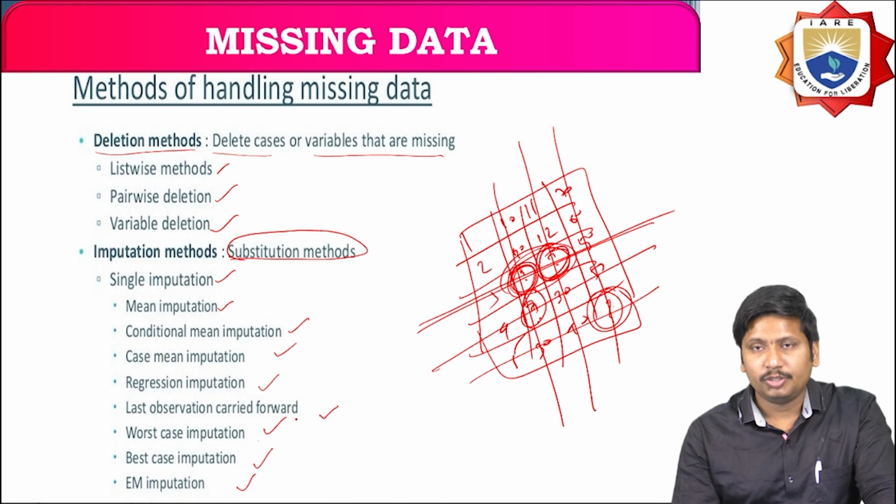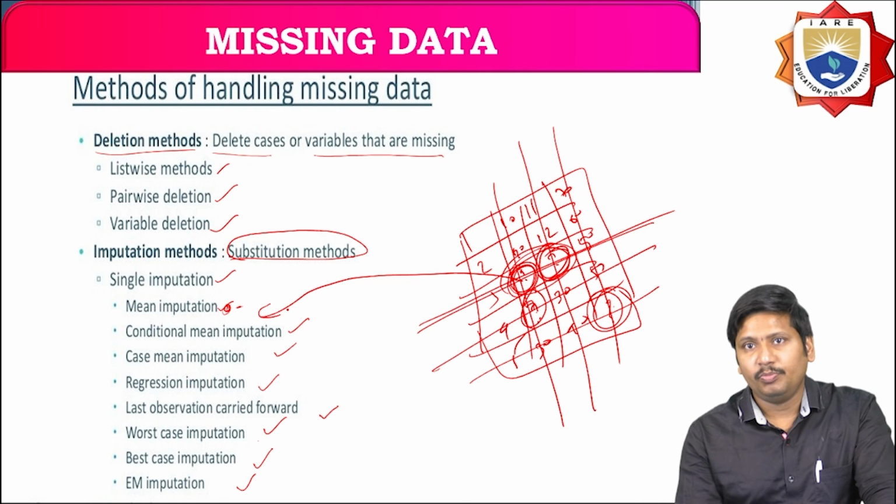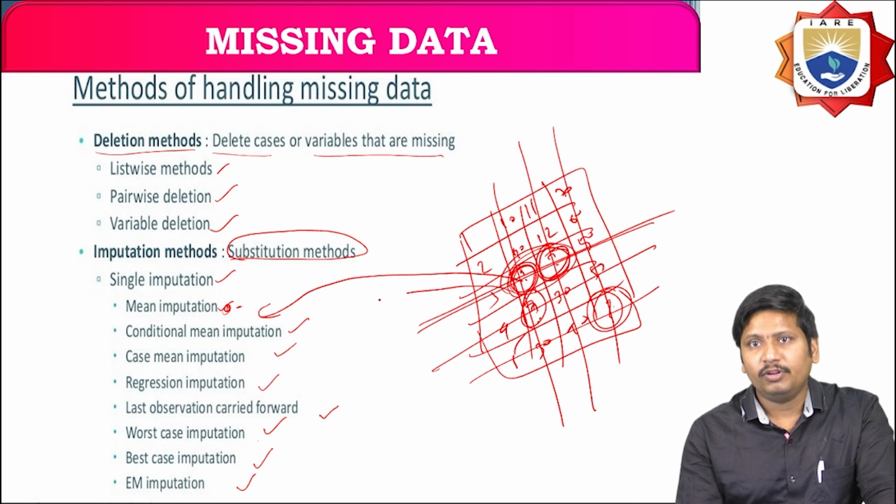Imputation means substitution, as I just said. Substitution means I can fill in the data that is missed here. That is going to be filled with the mean imputation, or I can fill with the conditional imputation or case mean imputation like this.